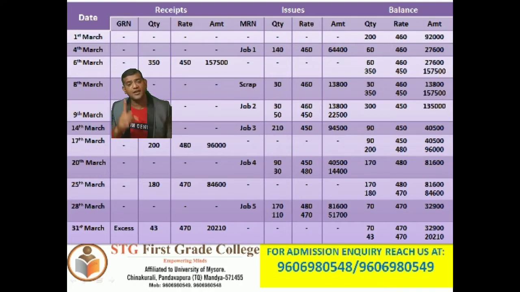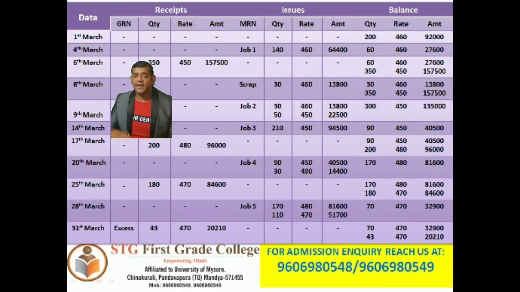GRN nil, quantity nil, rate nil, amount also nil. Under issues, MRN nil, quantity nil, rate nil, and amount also nil. But under balance column, quantity 200 units, rate 460 rupees, and amount 200 into 460, that comes to 92,000 rupees.